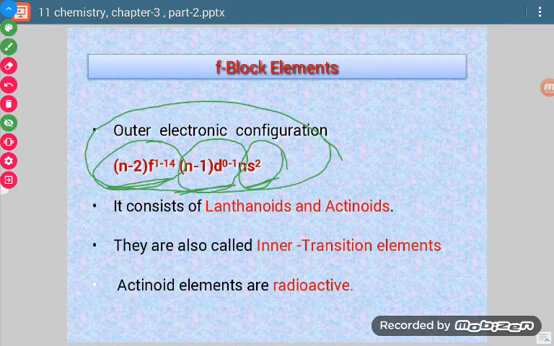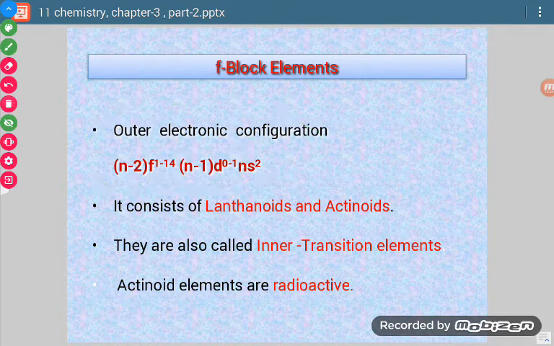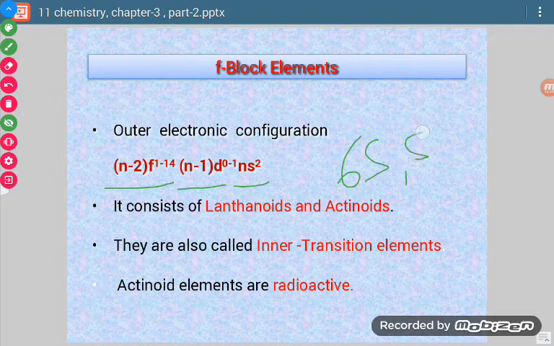Here n again stands for the maximum value in the electronic configuration. So if the n value is 6, suppose, then the orbitals which belong to this will be 6s, 5d and 4f.